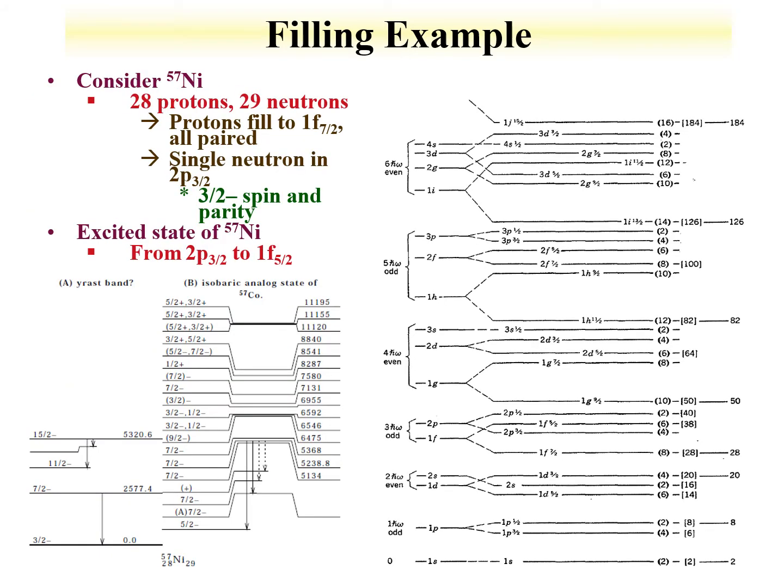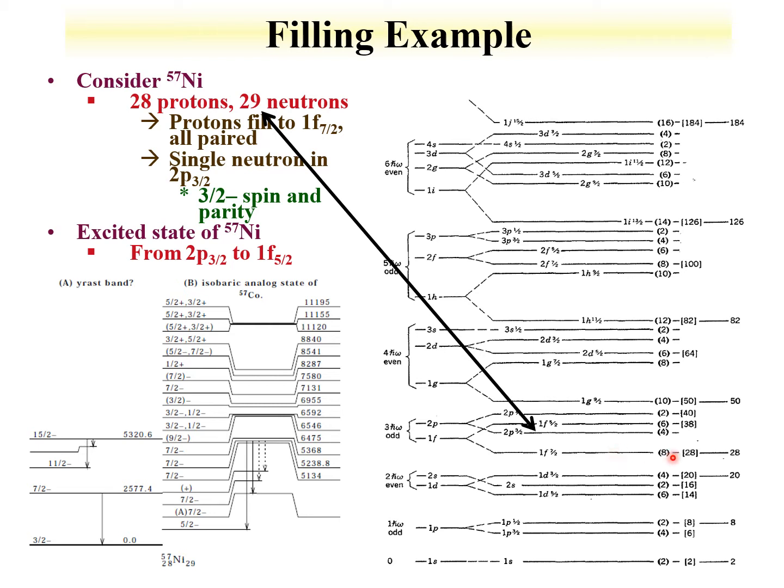We can now consider an example that's a little bit more complex than lithium-7. Let's consider nickel-57, which has 28 protons and 29 neutrons, so that odd 29th neutron is going to define the behavior of the nucleus.